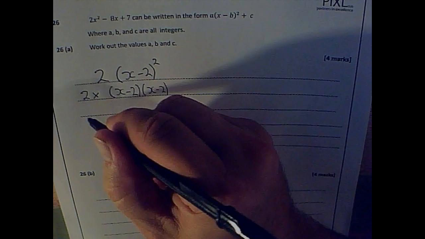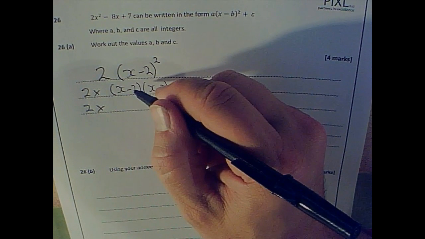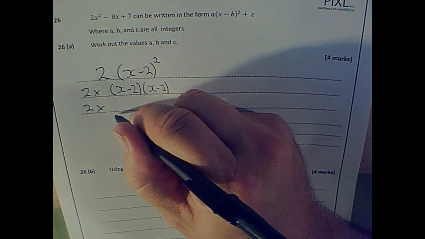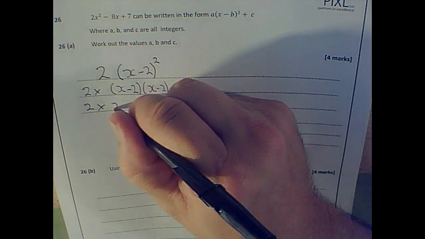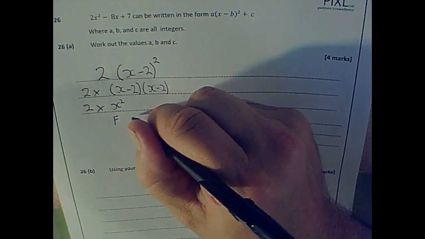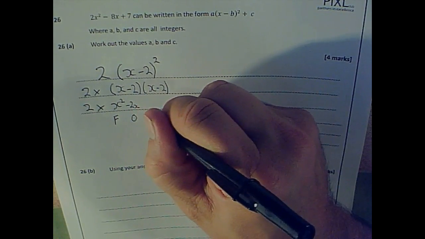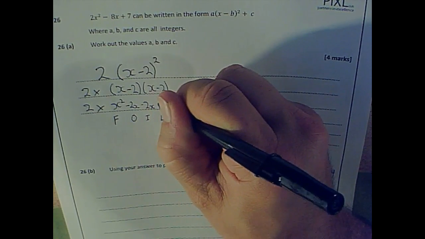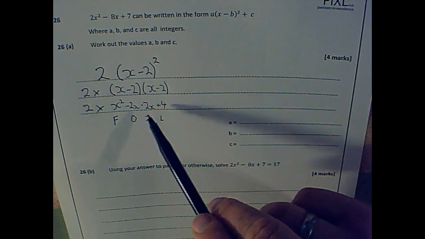So this is the same as 2 times, and now I'm going to do the FOIL method, or brackets method, or sorry, grid method, whatever I choose. But I'm going to do FOIL method, so I've got x squared outer, minus 2x inner, minus 2x last, plus 4. Careful, because minus 2 times minus 2 is plus 4.